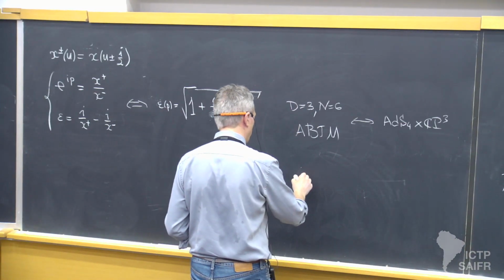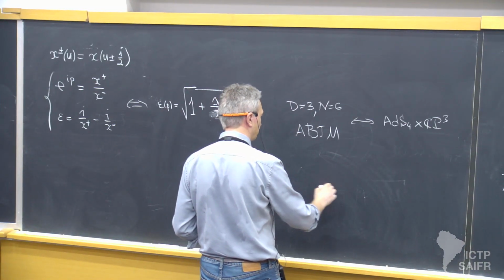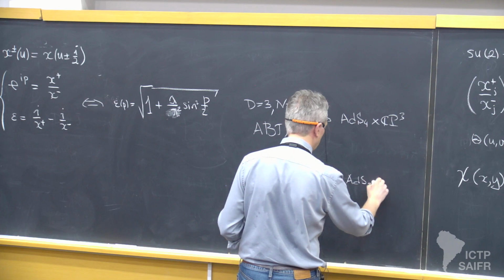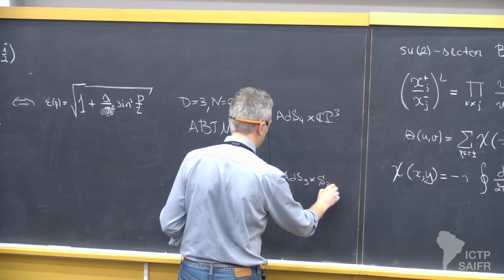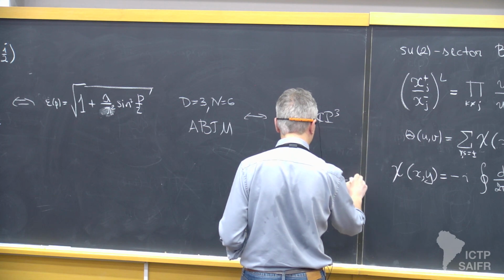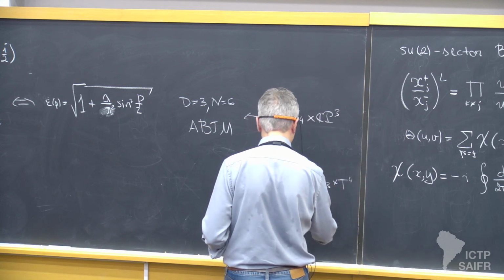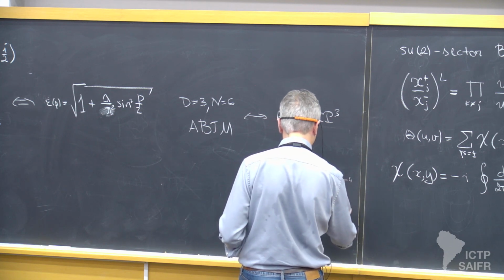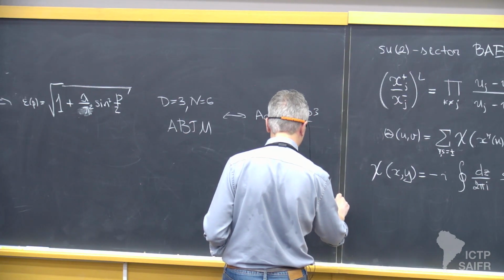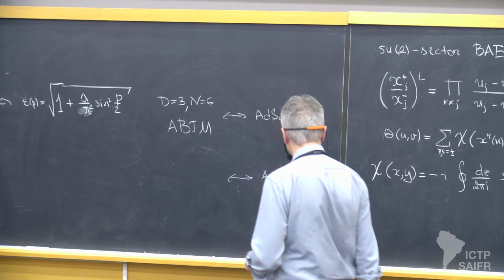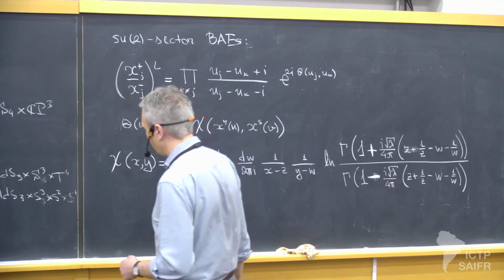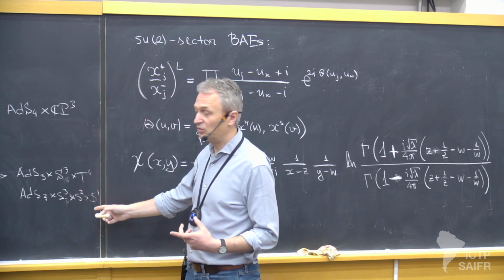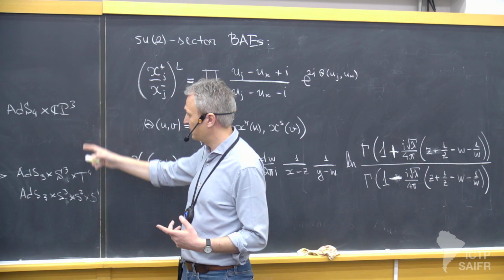So there are also strings on AdS3 cross S3 cross T4, or AdS3 cross S3 cross S3 cross S1, which carry very similar integrable structure to AdS5 cross S5 and AdS4 cross CP3.